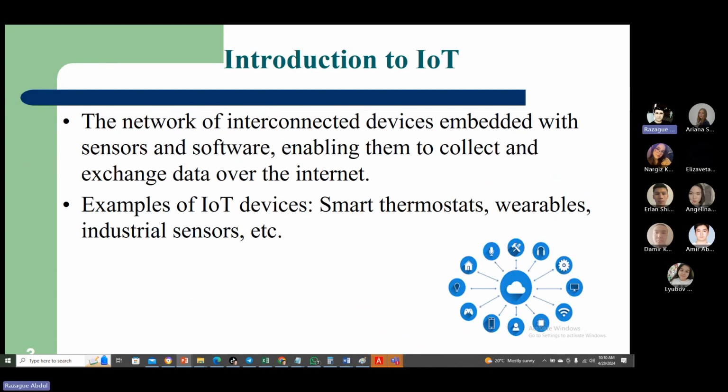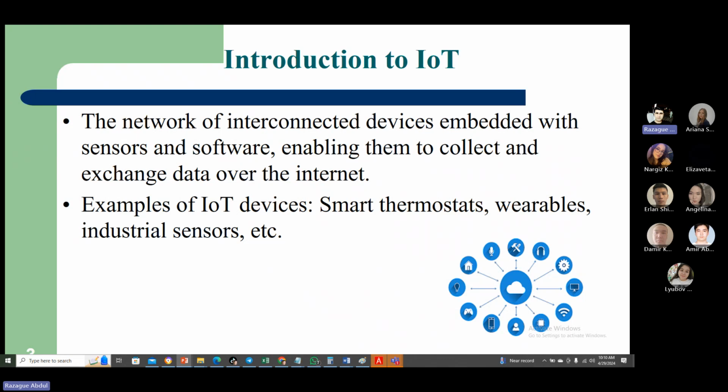First, we have to understand the introduction to IoT. So Internet of Things refers to the network of interconnected physical devices, vehicles, appliances, and other objects which are embedded with sensors, software, and connectivity that enable them to collect, exchange, and act upon data.